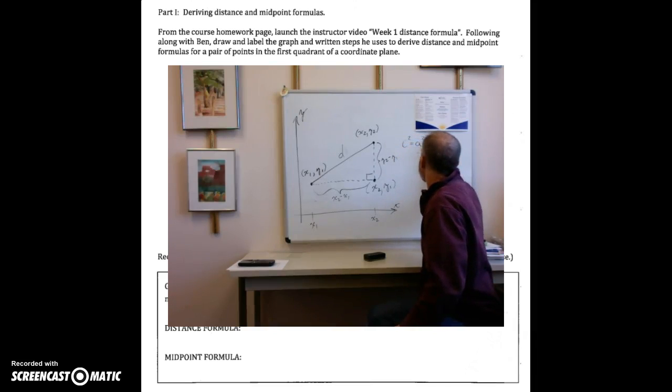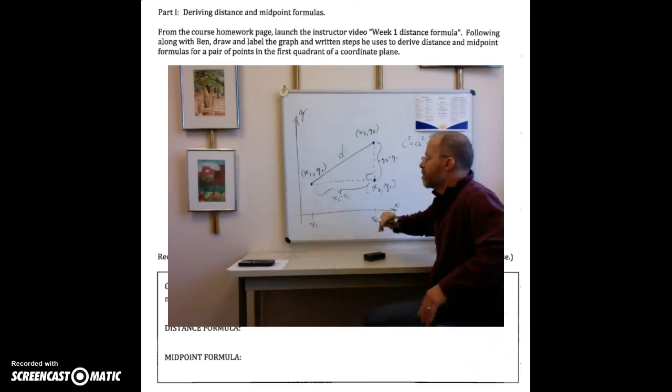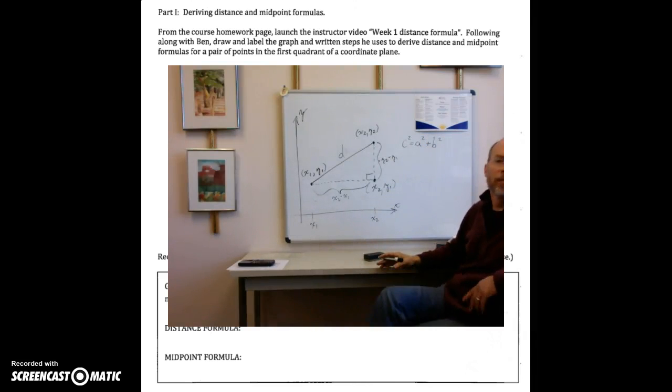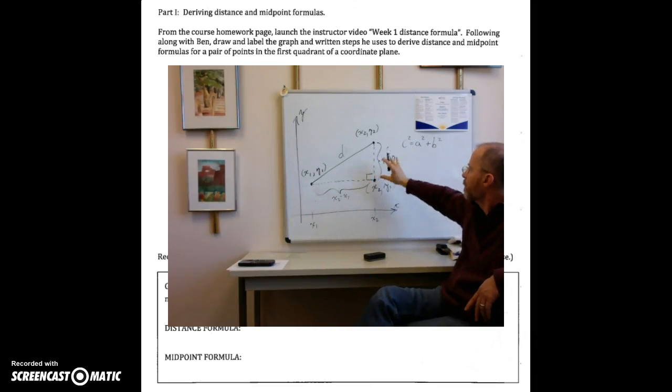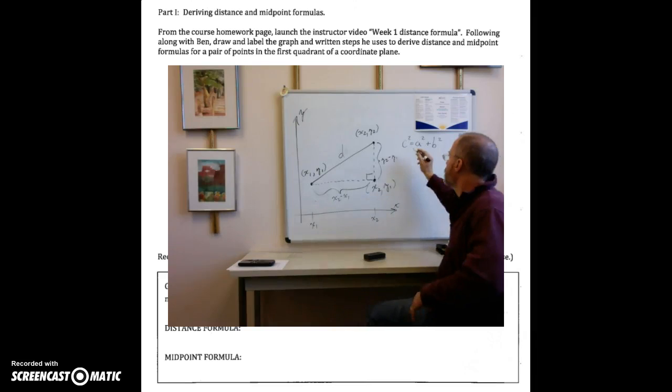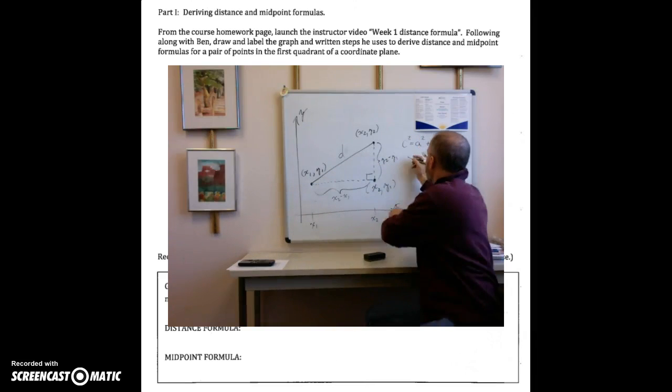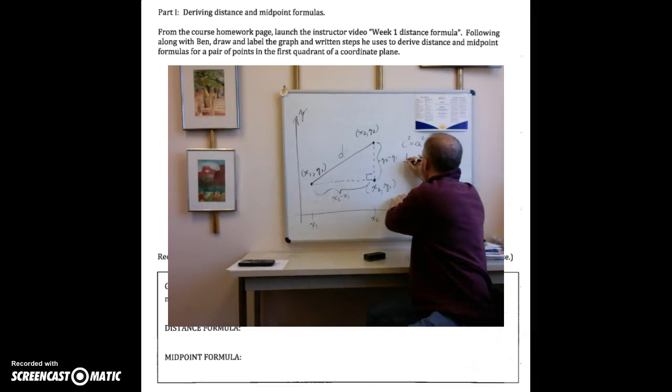Sorry about the banging of my little board in my office here. Then let's fill in the parts of this Pythagorean theorem formula from the right triangle we've got in our figure. c squared is the square of what we're looking for, the square of the distance.